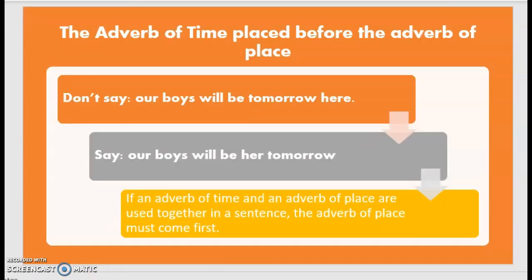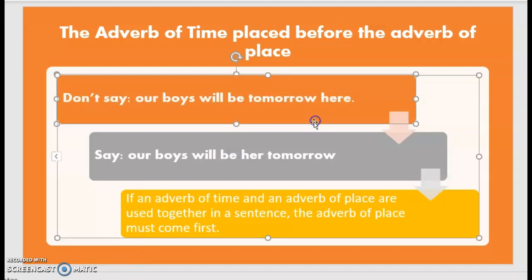Okay, all right. So let's look at another: the adverb of time placed before the adverb of place. You remember the example we gave earlier where you have tomorrow and here. Our boys will be here tomorrow, and not "Our boys will be tomorrow here."